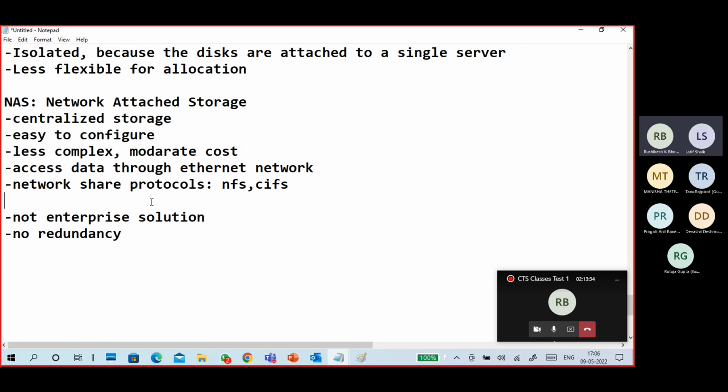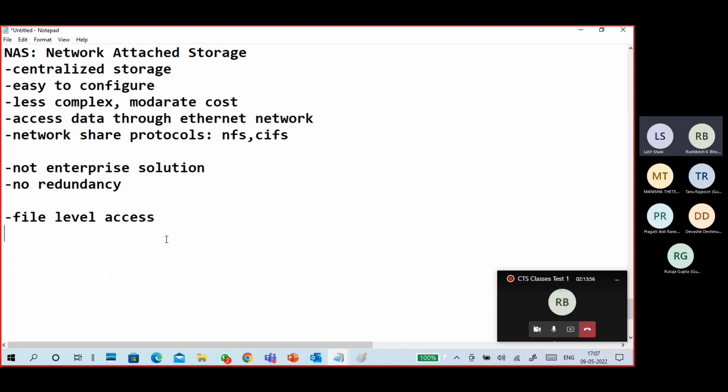And there is one point I was missing, that's why I came here. It's file level access.